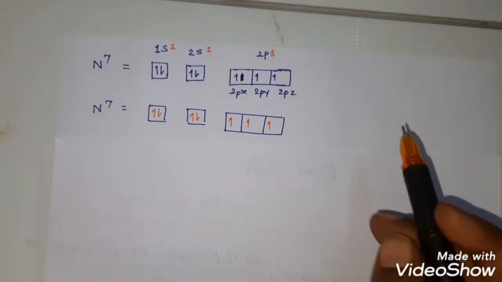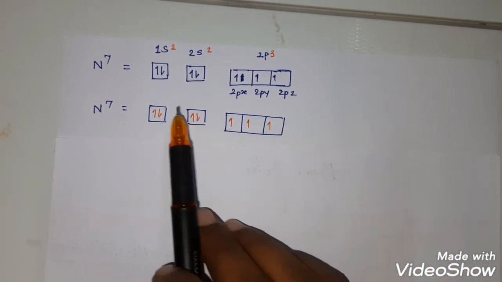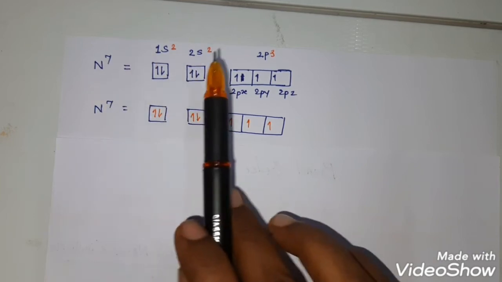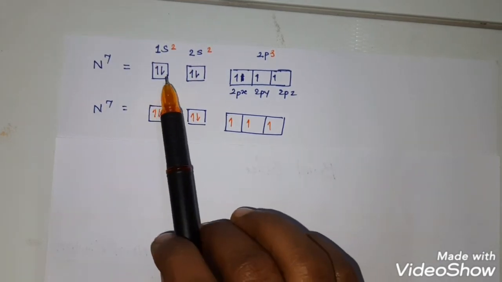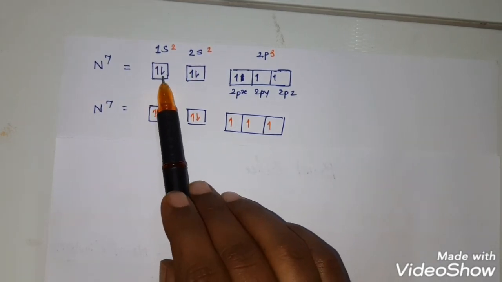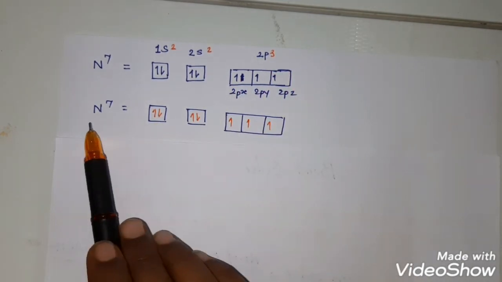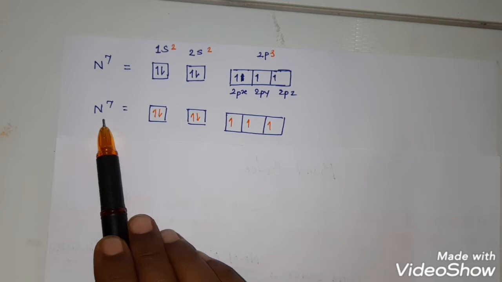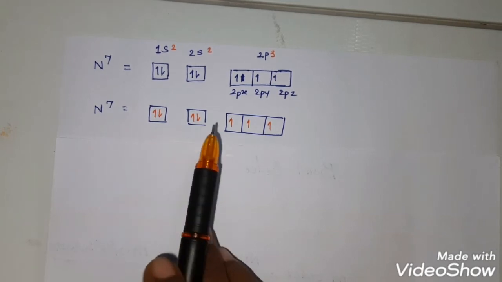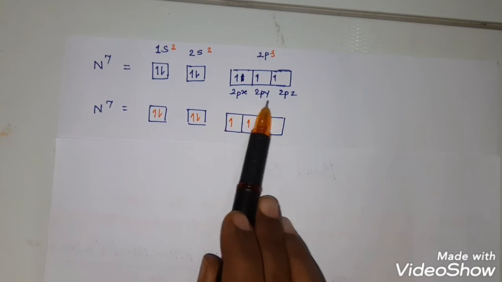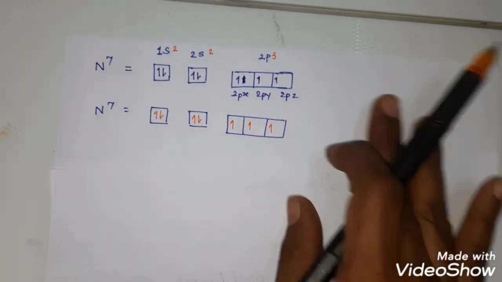Now let's take the next example, that is nitrogen. The atomic number of nitrogen is 7 and the electronic configuration of nitrogen is 1s2, 2s2 and 2p3. Same for the second nitrogen atom: 1s2, 2s2 and 2p, that is 2px, 2py and 2pz, we have three orbitals.